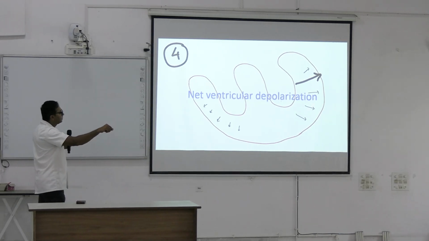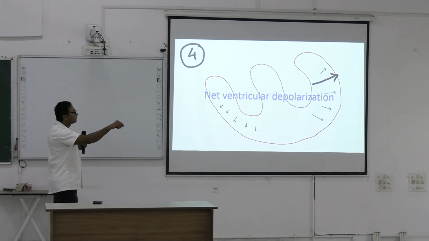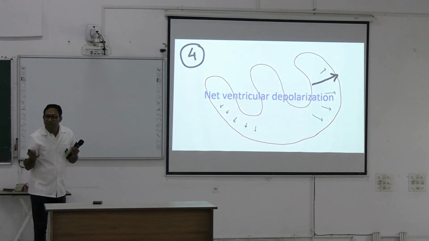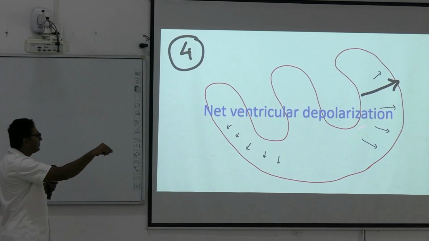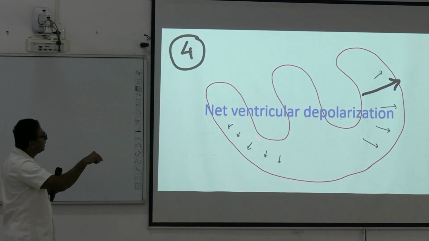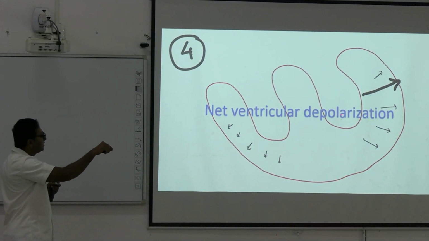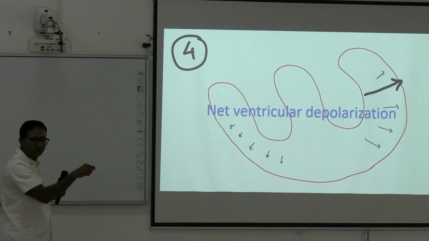This one is which ventricle? Left. This one is the left ventricle, and this one is the right ventricle. And this is the left ventricular cavity. I have drawn only the ventricle.